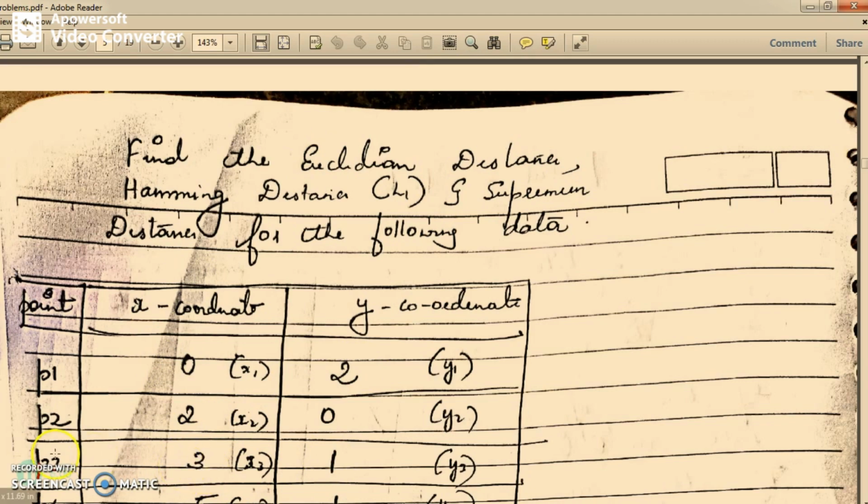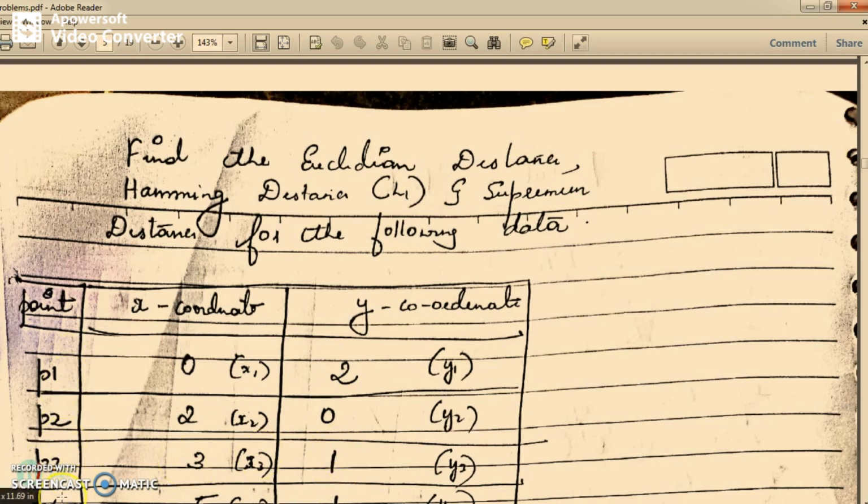Now when we calculate the Euclidean distance between P1 and P3, it becomes x3 minus x1 the whole square plus y3 minus y1 the whole square, that is 1 minus 2 the whole square, and their squares, whatever you get, the sum, take the square root of that. Okay, that is the Euclidean distance between P1 and P3.